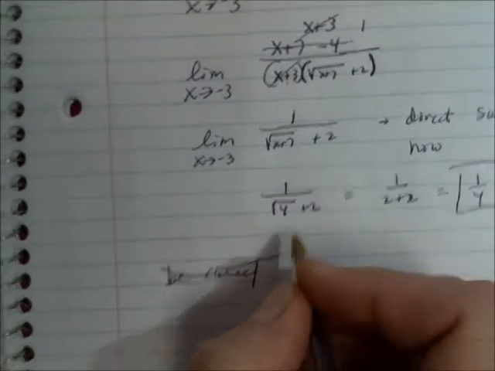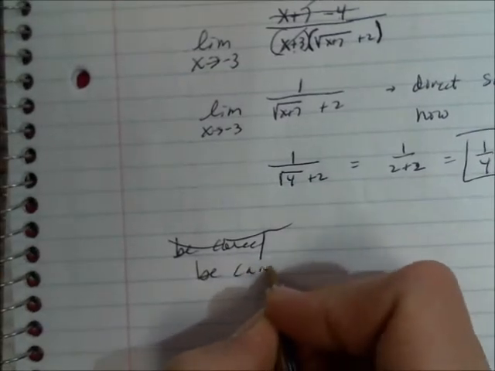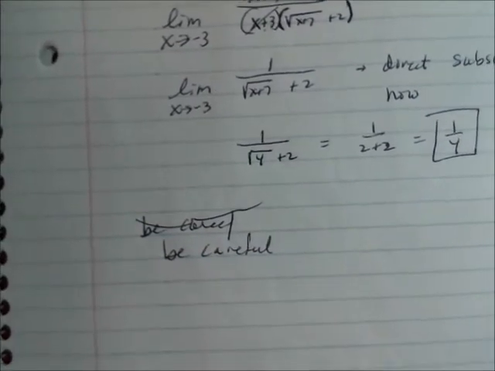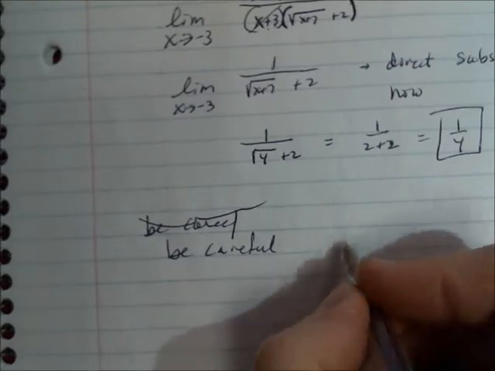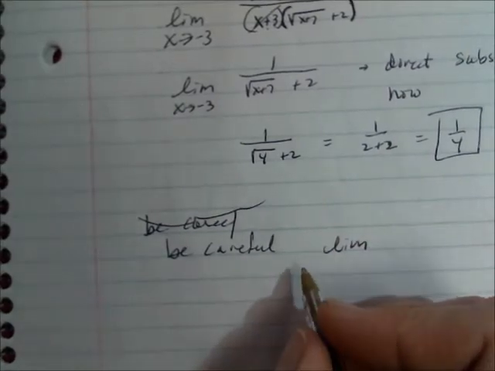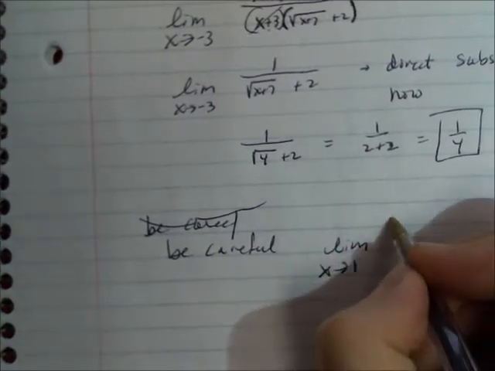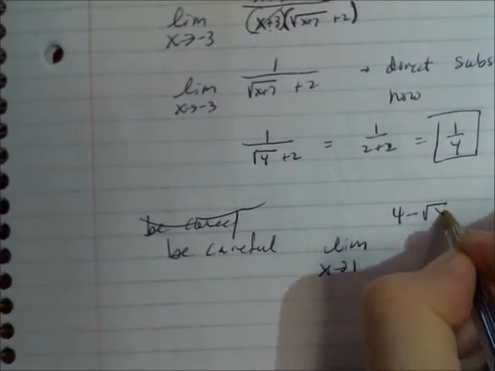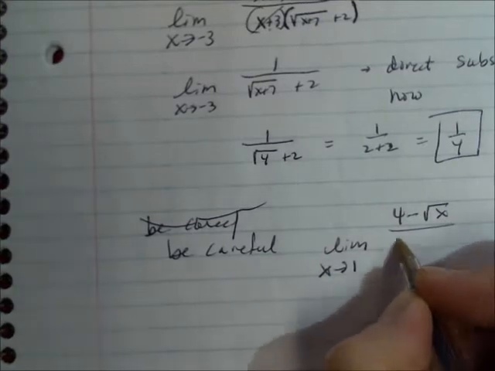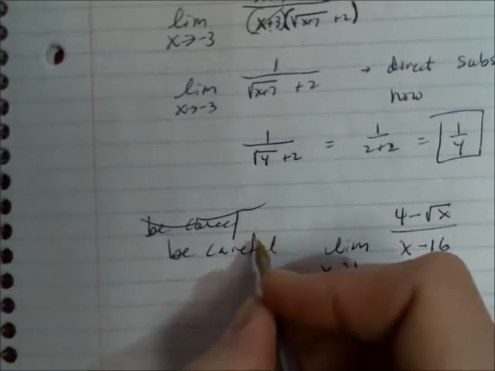Be careful on something like this. What if you have the limit as x approaches 1 of 4 minus the square root of x all over x minus 16?